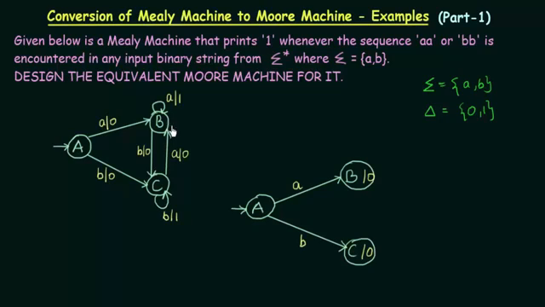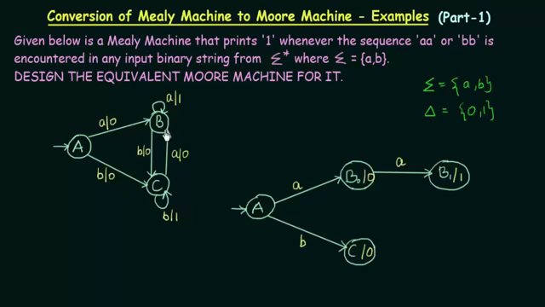So what I have to do in this case, I have to create another state for B, which I will call B1, and let this be B0. So I will call this state B1, and I will associate the output 1 to it, and I will say that B goes to this B1, which gives an output 1 on getting the input small a.